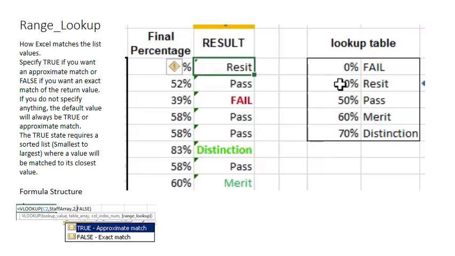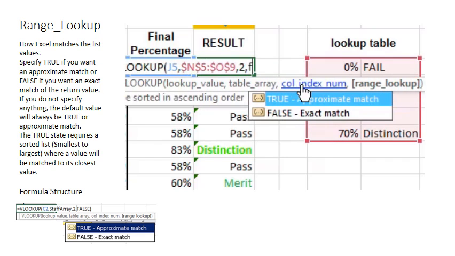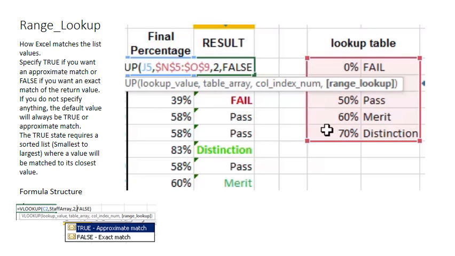If you need to have exactly the match, as in our example using staff ID data, then you would change the formula to read false. We would use an exact match with false. Close the bracket and return.